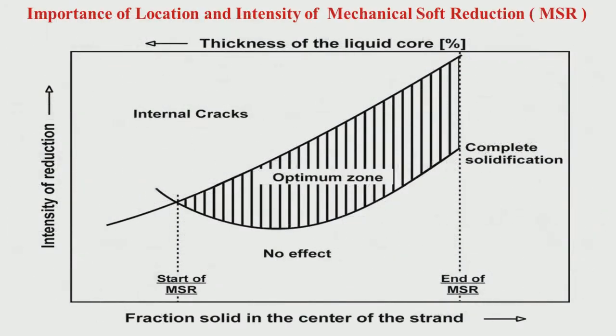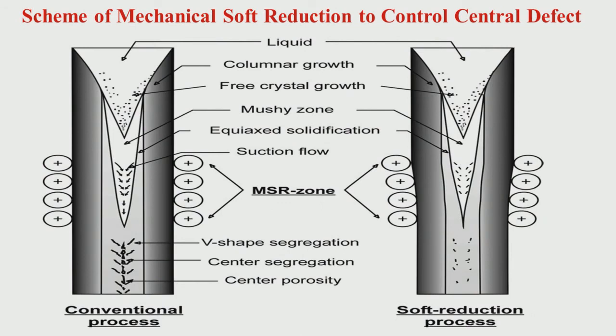Another thing I have talked about is how you can control the incidence of central segregation and central porosity. This may be true for any type of grade, but the incidence is relatively more for austenitic solidification grades, where the mushy zone is relatively larger. If the mushy zone is more, this problem is also relatively more.